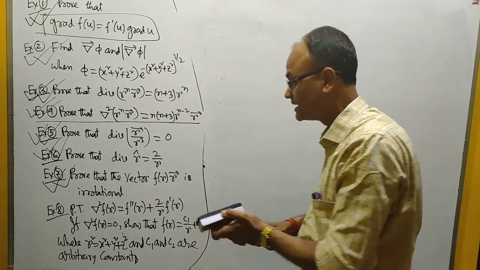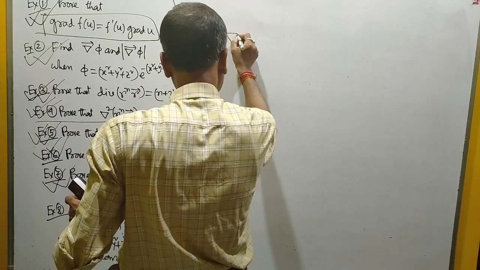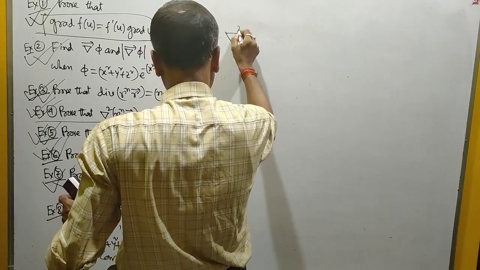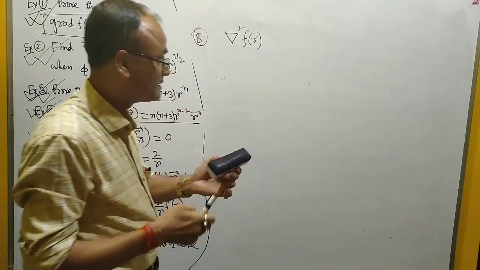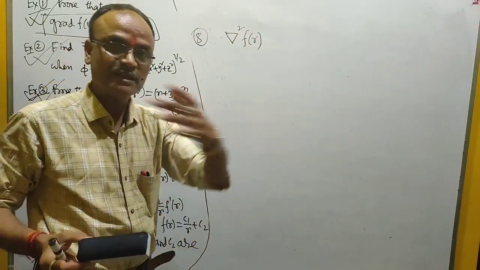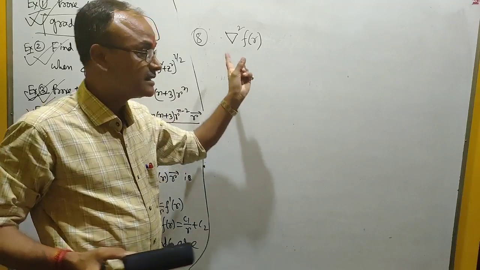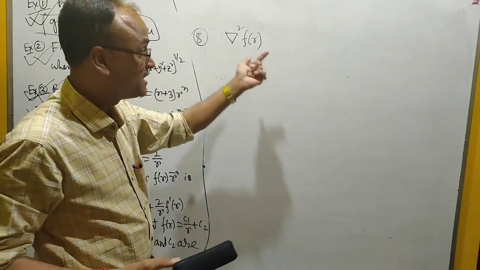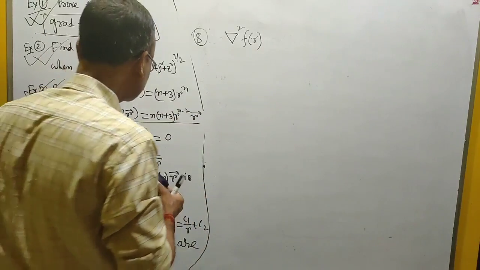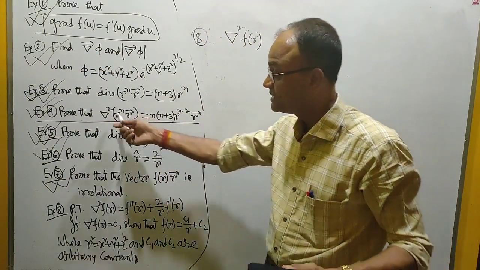What is the Laplacian in number 8? Nabla square f(r). If it is scalar, the result will be scalar, so nabla square f(r) will again be a scalar quantity. If it is a vector, then the result will be a vector.